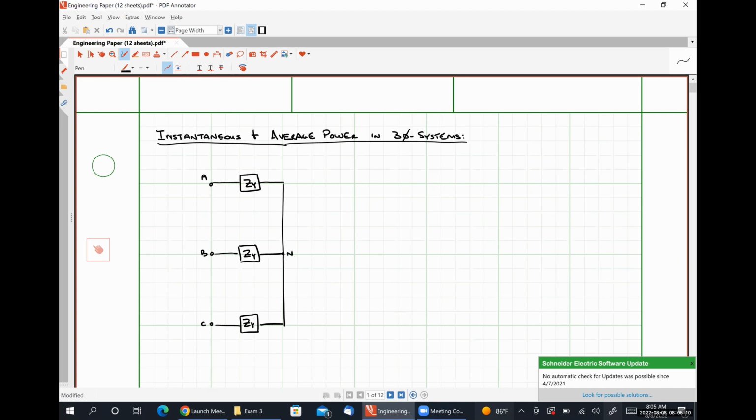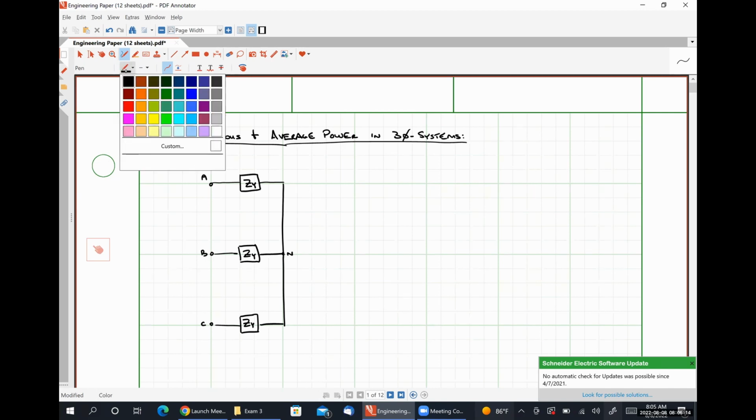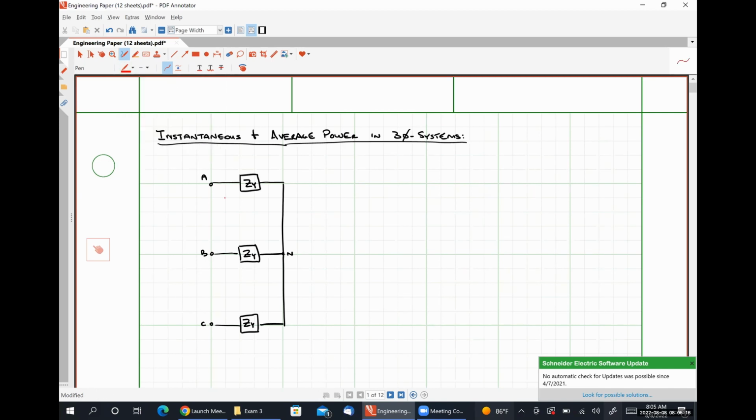So across our three-phase load, we will have some voltage VAN, VBN, and VCN.